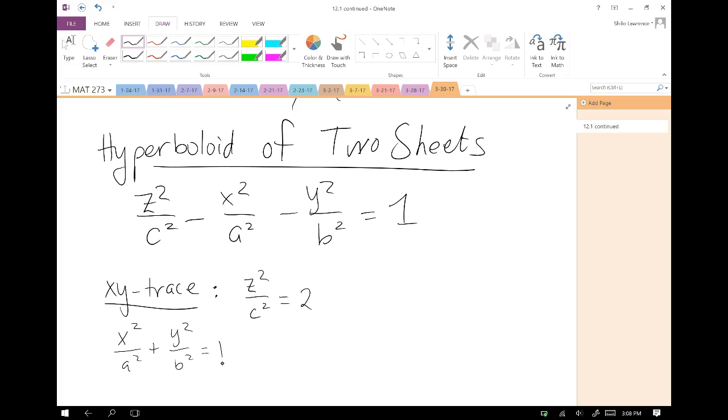So the z equals 0 here is not even possible, because you have a negative equal a positive, which is not going to happen. Which means this graph has no points on the z-axis.